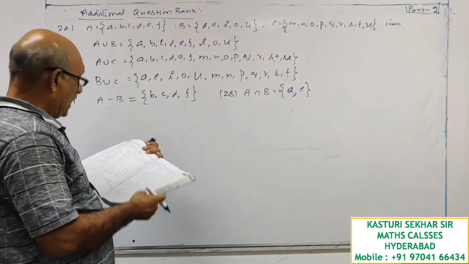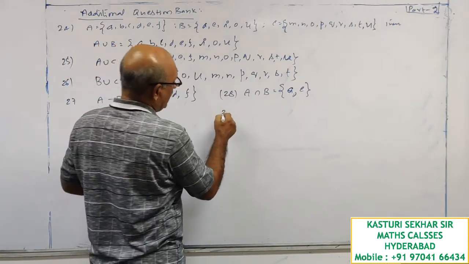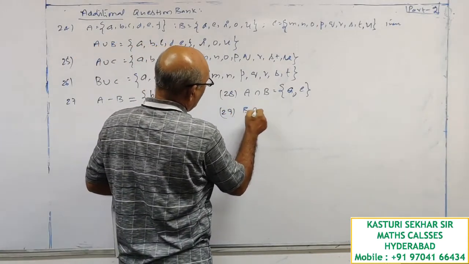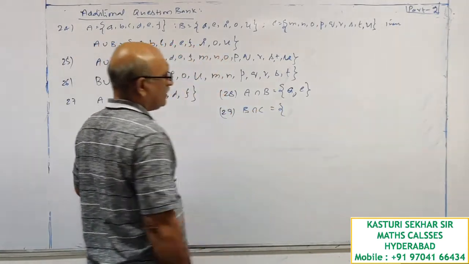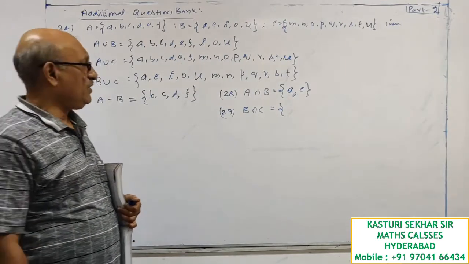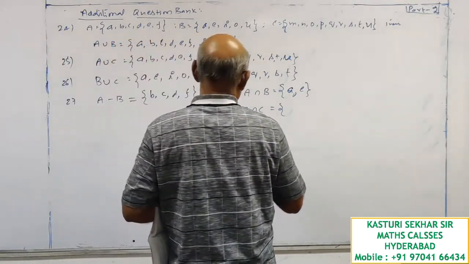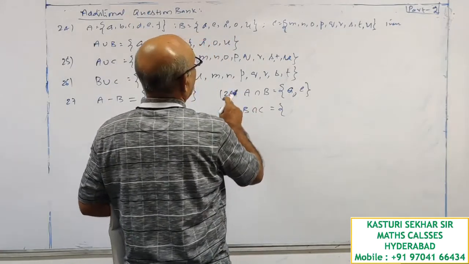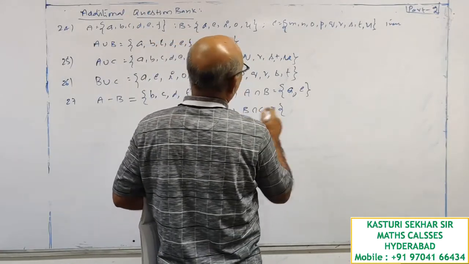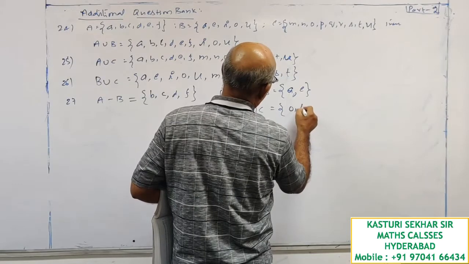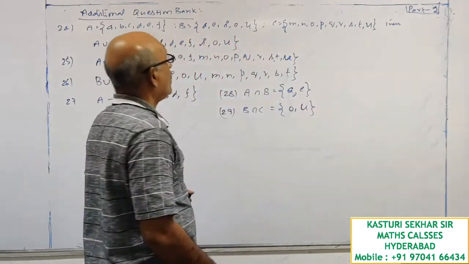Next, B intersection C, 29th question. B intersection C, elements which are in B as well as in C. Which are in B and C means o, u.